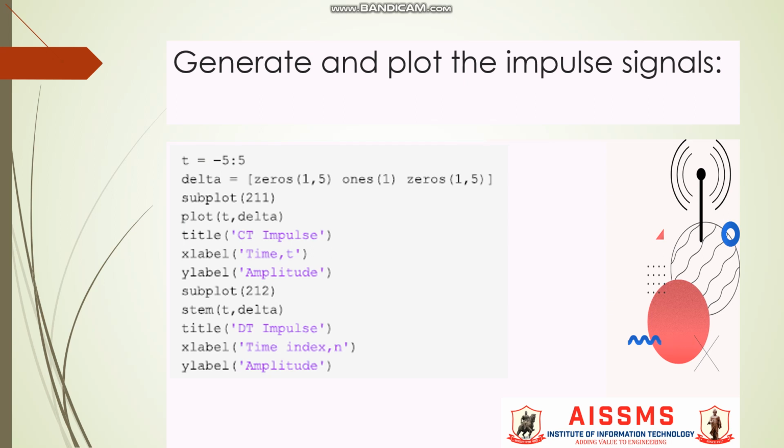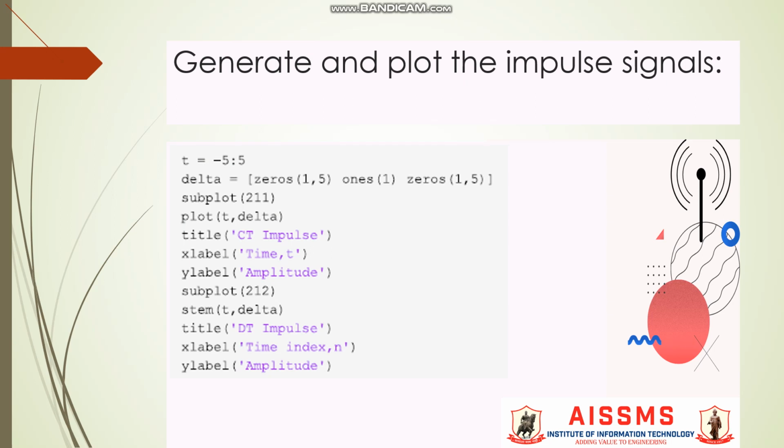The subplot command takes three inputs: n rows, n columns and linear index. So here in this program we have 2 rows, 1 column and the CT impulse signal will be plotted in the first position. And the DT impulse would be plotted in the second position. X label and Y label are the commands used to label X and Y axis respectively.